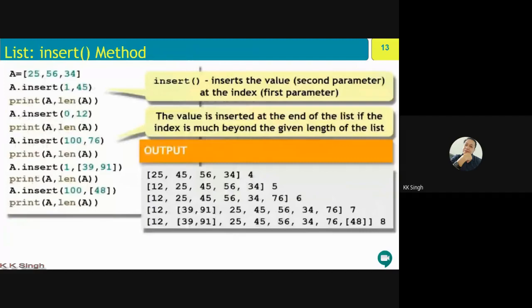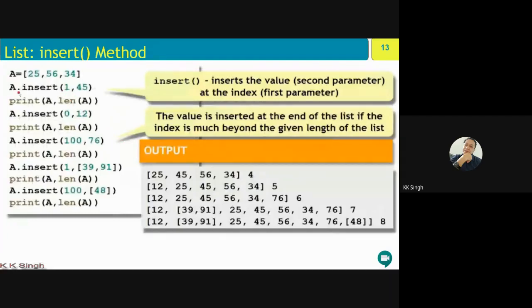Insert method. This is available in list only. It is not possible in tuple. So see here, on a particular index, if you want to insert any value, it takes.